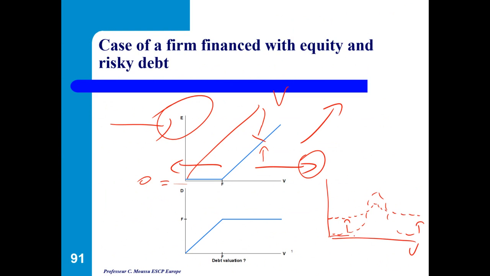And if you have higher volatility and you have a call, well, you see that here you are capped to zero, and here you benefit from higher payoff. So it means that the value of equity will increase.